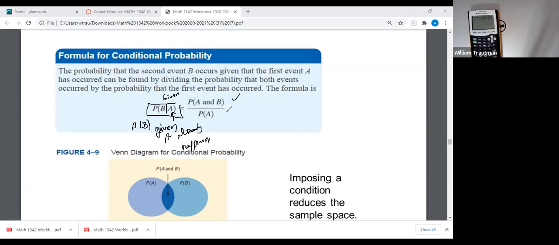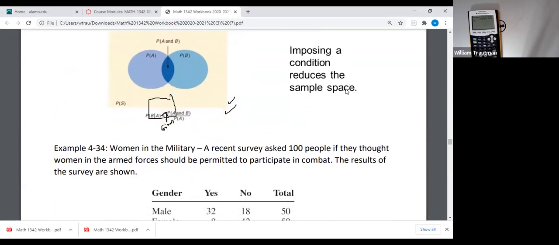Probability of A and B divided by the probability of A. So do you see on the top it's A and B. The bottom is going to be whatever's on the bottom over here. Probability of A. So let's remember this formula. Once again, it's pronounced the probability of B given that A already happened. The probability of A and B divided by the probability of A. So all these need to be added to your formula sheet.